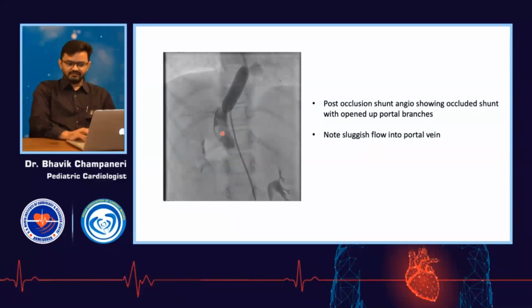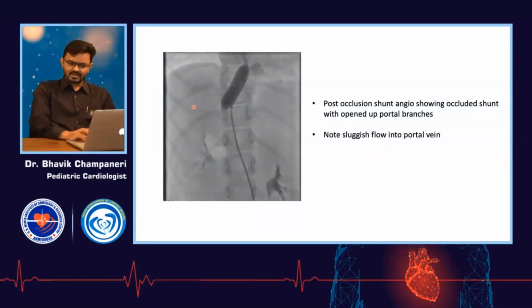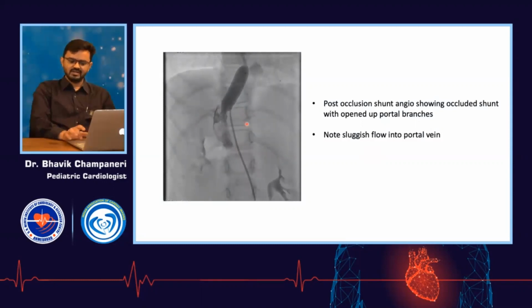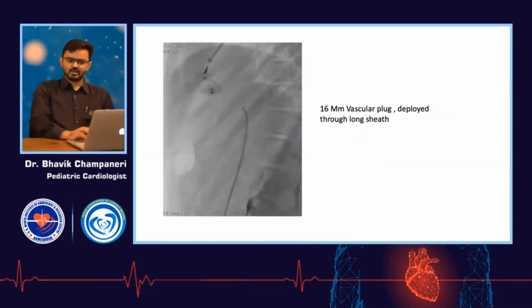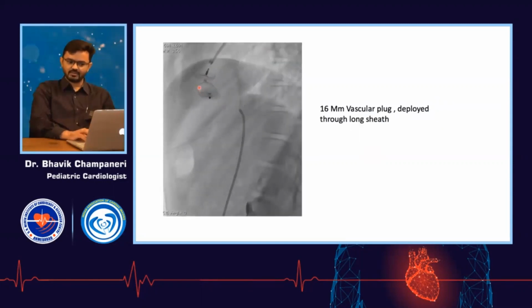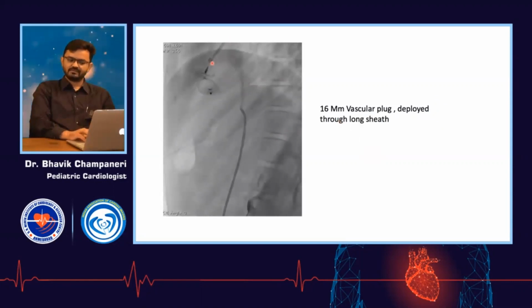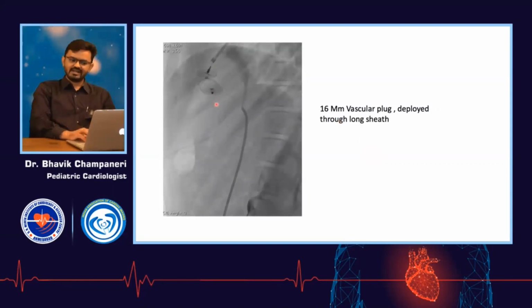But with this in mind, the sluggishness of the flow, and portal venous branches appearing post occlusion, we decided to close this shunt, and the shunt was closed with a vascular plug. A 16 vascular plug was deployed through the long sheath from the internal jugular vein. But what was happening?